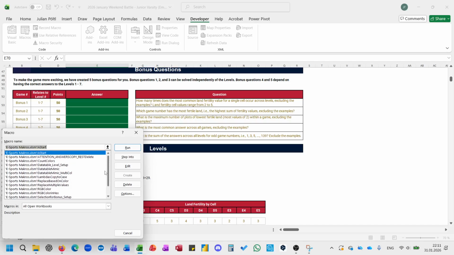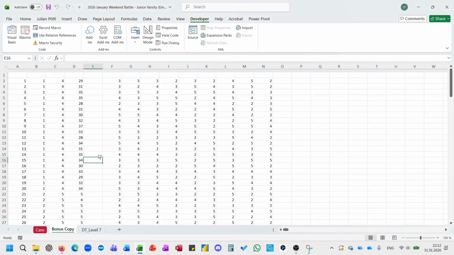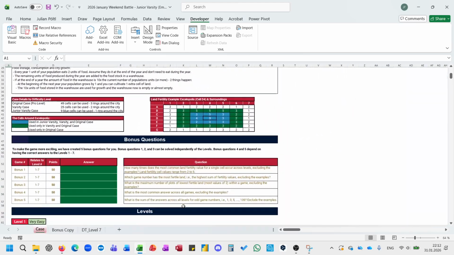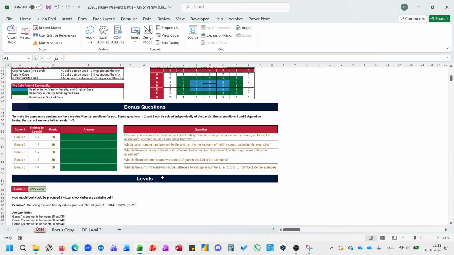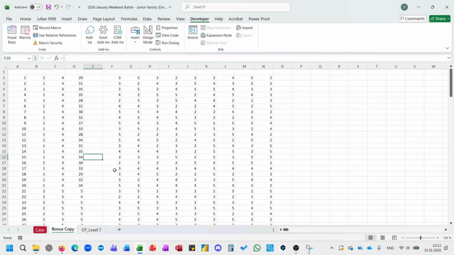Where's the bonus level setup? Selection for bonus. Here we go. Okay. How many times does the most common land fertility value occur? Okay.